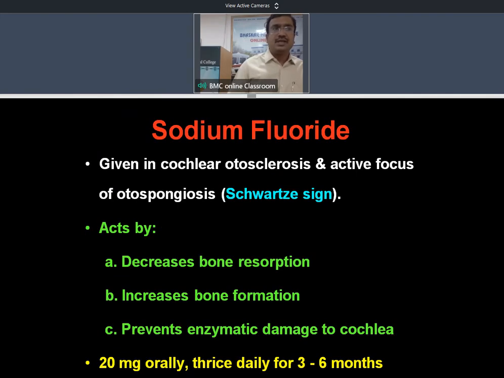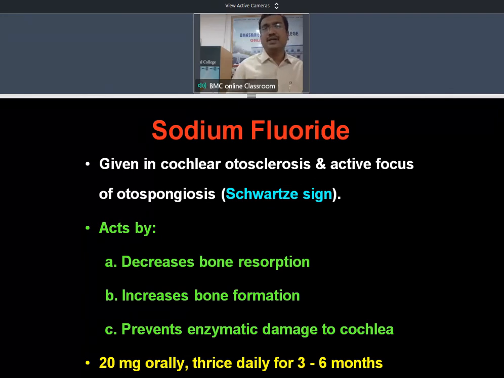Most of the time there is no role for medical treatment in otosclerosis, but in active otosclerotic patients you can use sodium fluoride. Sodium fluoride acts by decreasing bone resorption, increasing bone formation, and preventing enzymatic damage to the cochlea. These are the different mechanisms of action.